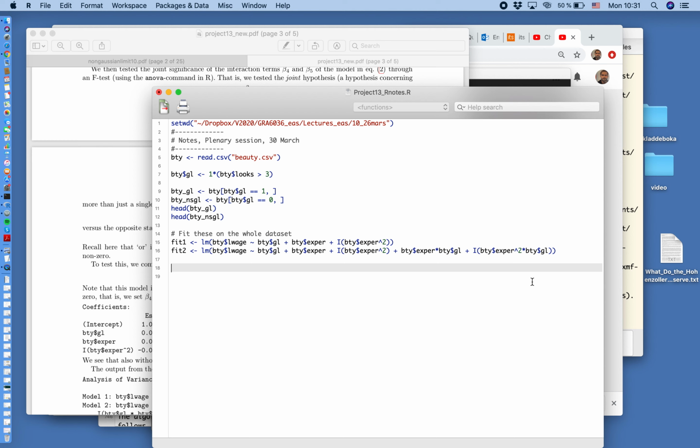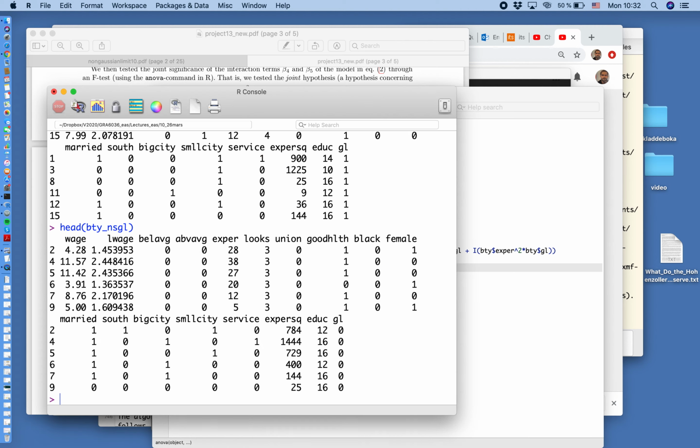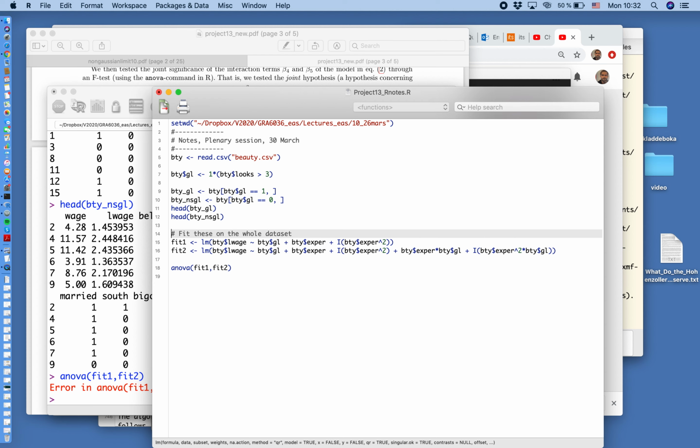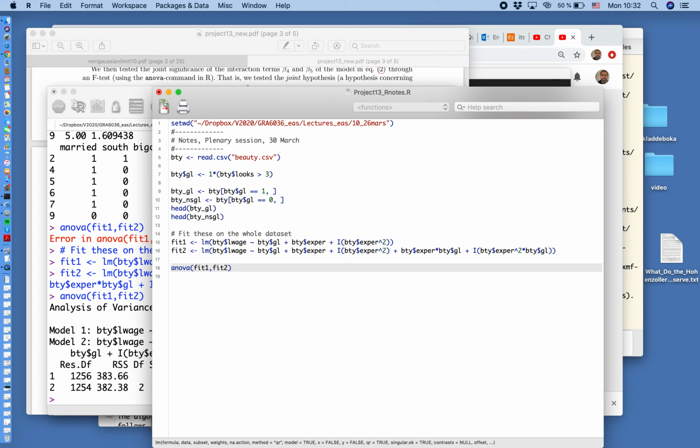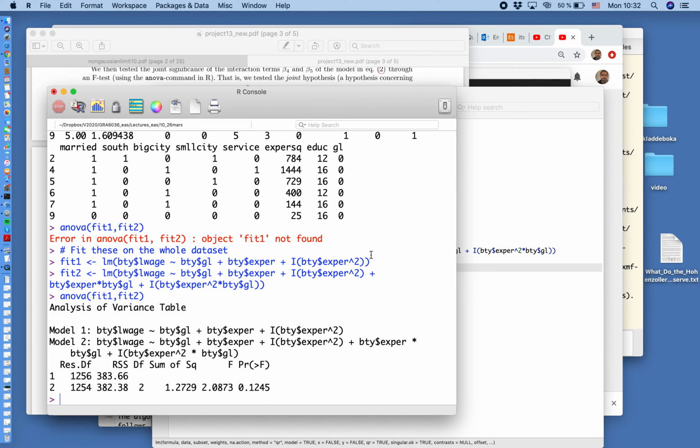We do that test by ANOVA fit 1 fit 2. Now we run this. I have to fit the models first. So we run this test and we get this output. The most important part of this output for us is the p-value right here.